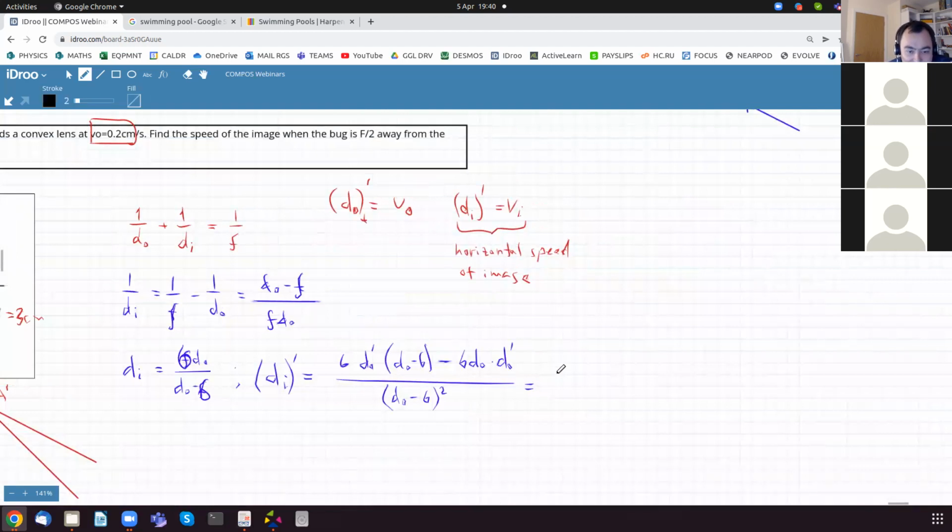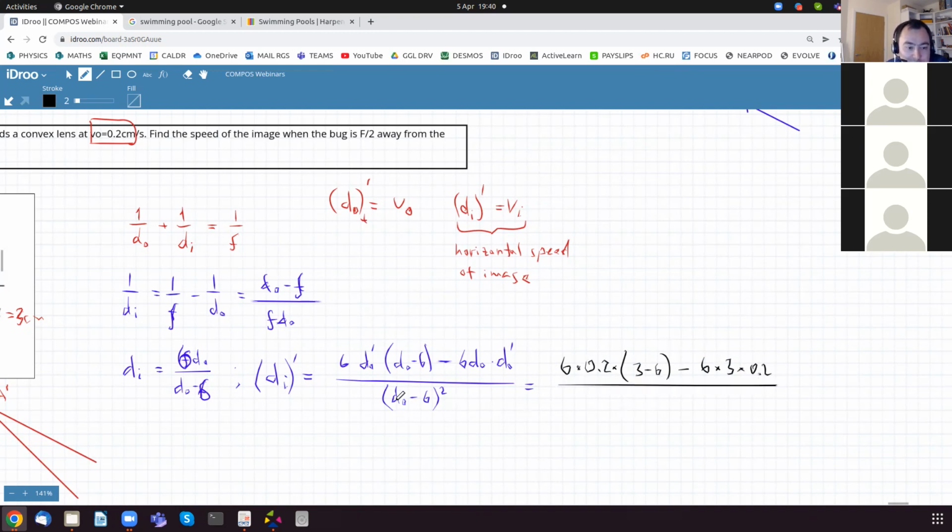So it's going to be 6 multiplied by the speed, 0.2, multiplied by 3 minus 6, minus 6 multiplied by 3 multiplied by 0.2, divided all over d naught minus 6, so 3 minus 6 squared, that's 9.